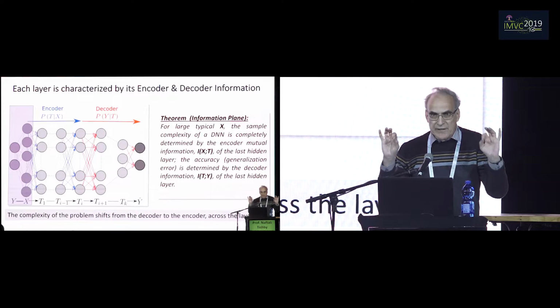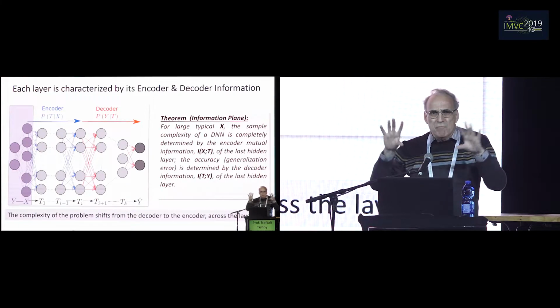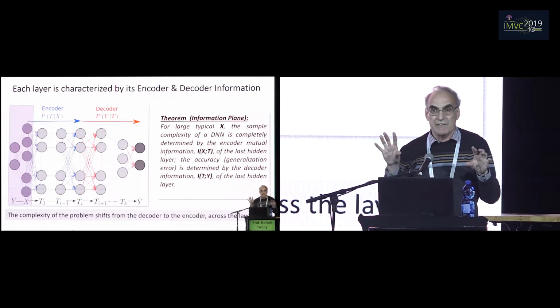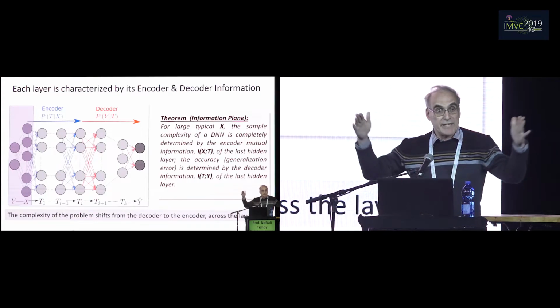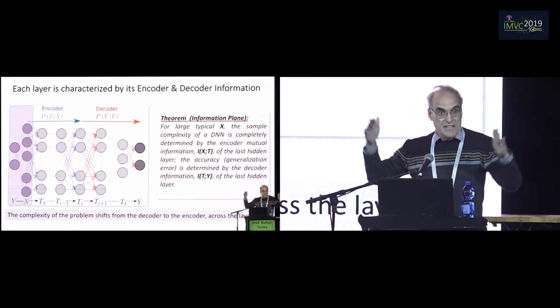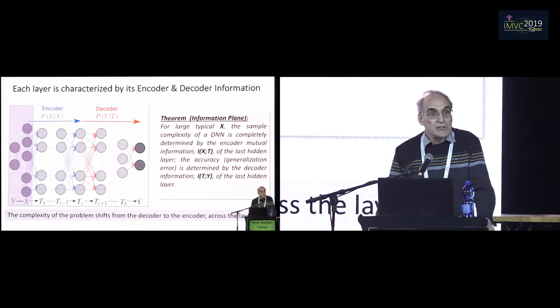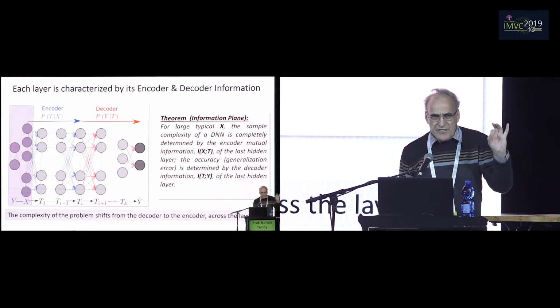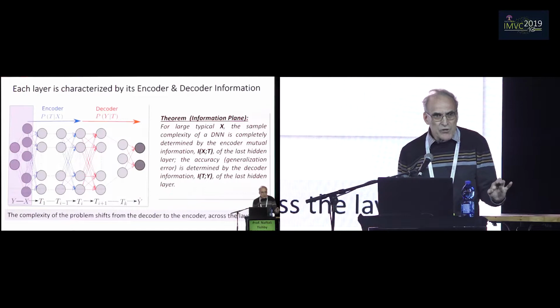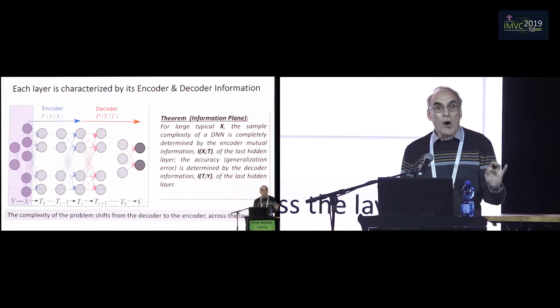My quite striking statement is that out of those millions of variables that we have in the networks, all the weights, only two numbers per layer are really important when the network becomes very large, in this large-scale learning that we all do.